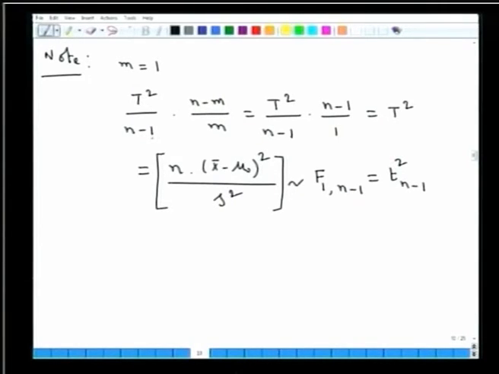So we have the value of t square by n minus 1 into n minus m by m for the special case of univariate theory, and the square root of this is precisely the student's t statistic. That is what is used if we have x1, x2, up to xn, a random sample from a univariate normal distribution with mean mu and unknown variance sigma square. Then the square root, or the square if we have an F statistic, is precisely what is used in univariate distribution theory.